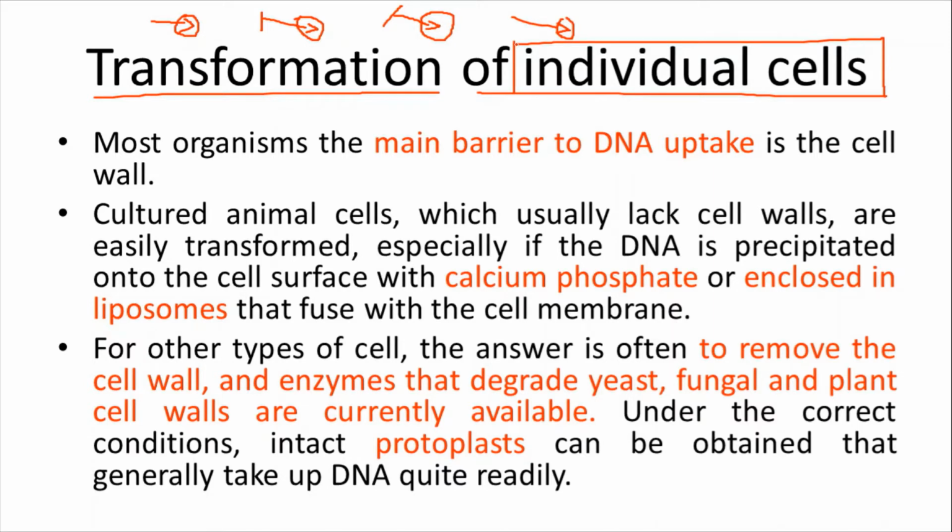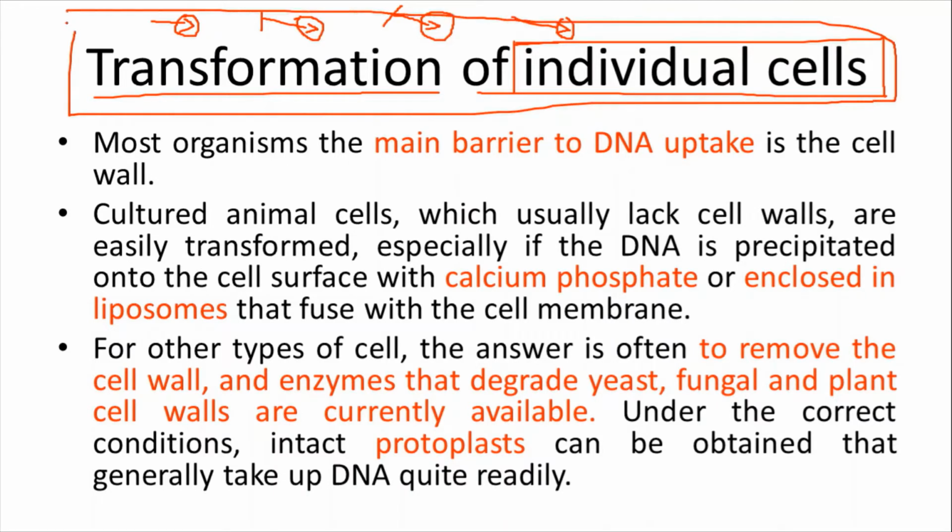So why does that old transformation principle not apply here? The important parameter is that animal cells or plant cells have some barriers. If you are taking human cells or animal cells, they are fully covered with collagen and myosin.